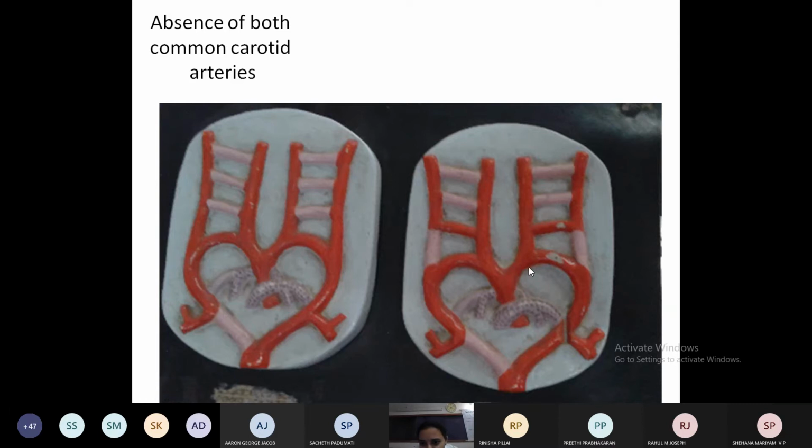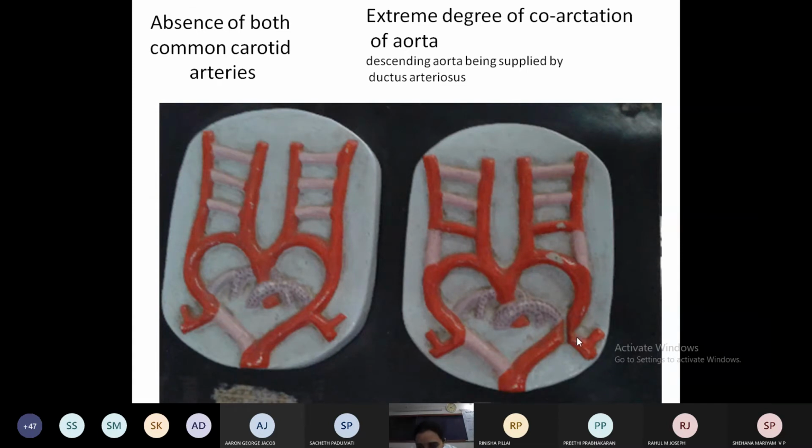This one you don't understand anyway. This is the post-ductal coarctation. The dorsal aorta has constricted just below the opening of the left subclavian artery.